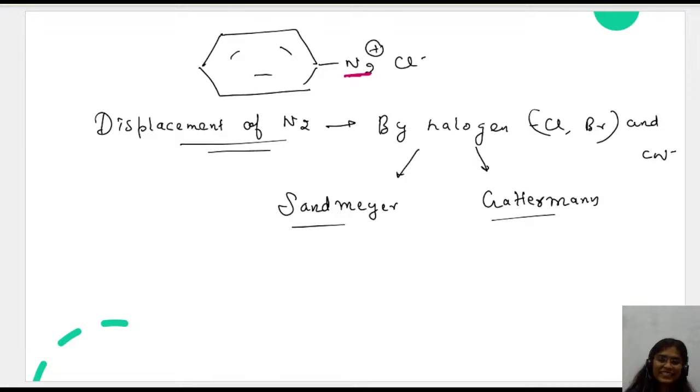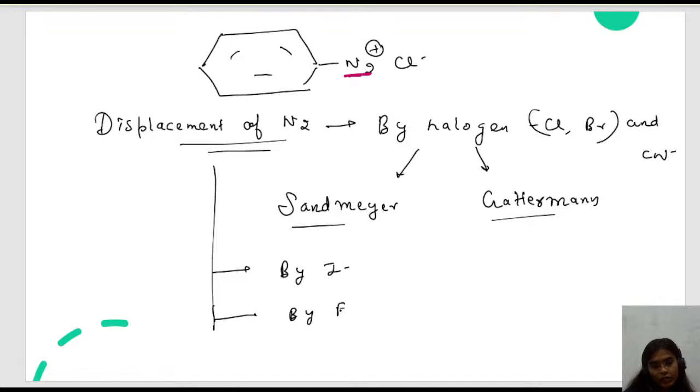Okay, so let's discuss this. Maybe after that the point will be clear for you. The second one is by iodine, and the next is by fluorine. We are discussing the replacement by hydrogen, H negative, or you can say by OH group, and the last one is the NO2 group.